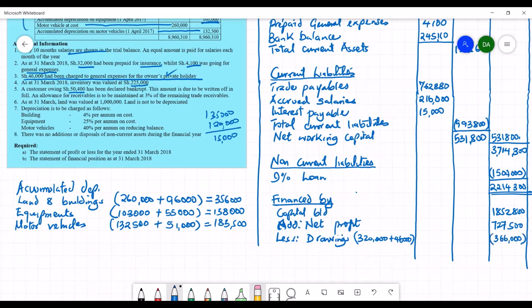as drawings. Now let us subtract 366,000 from the sum of capital brought down and the net profit.